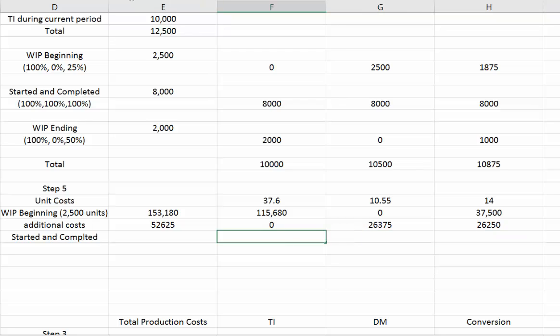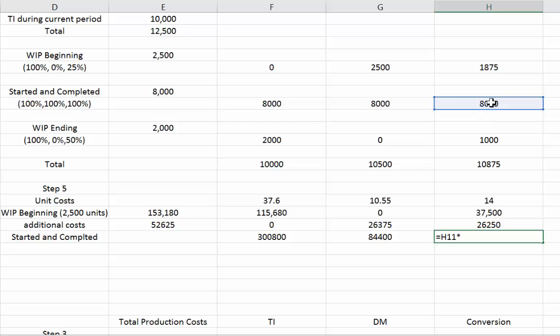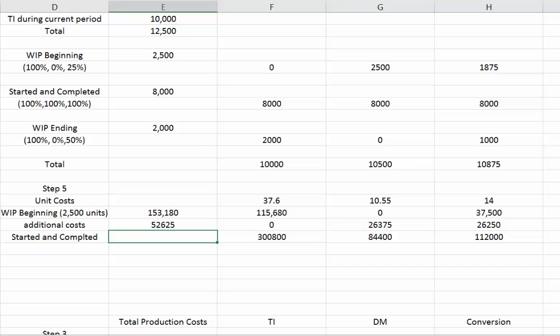So what I need to do is multiply the unit cost by the number 8,000 for each. Should be pretty easy work, and multiply 8,000 by $14. So now I can add all these three numbers.